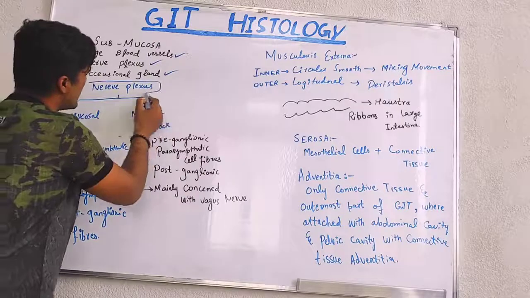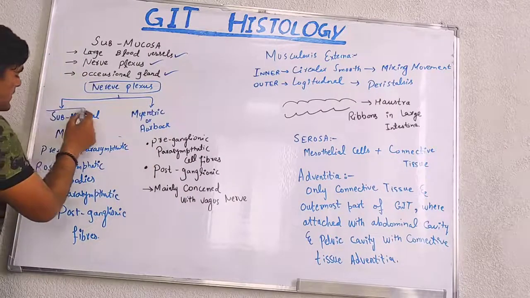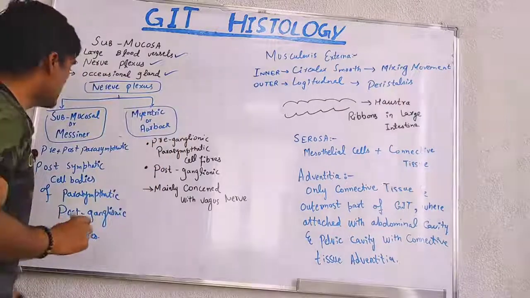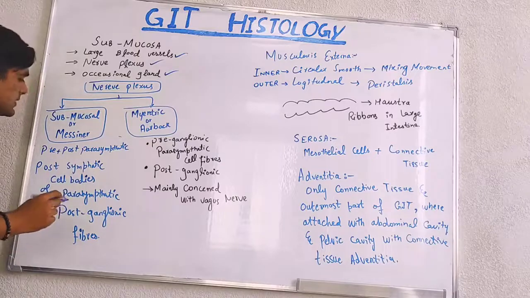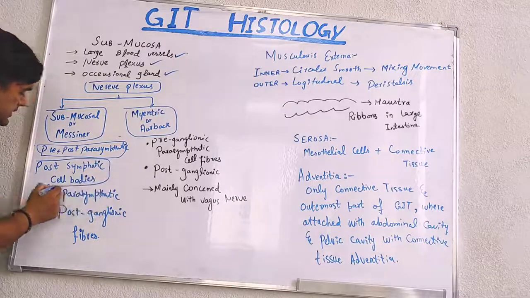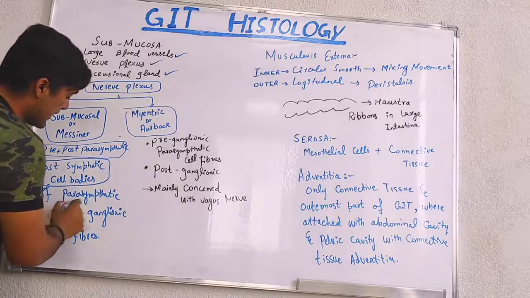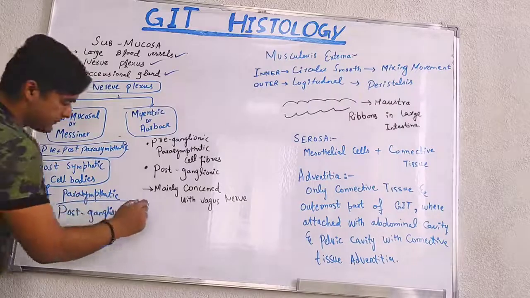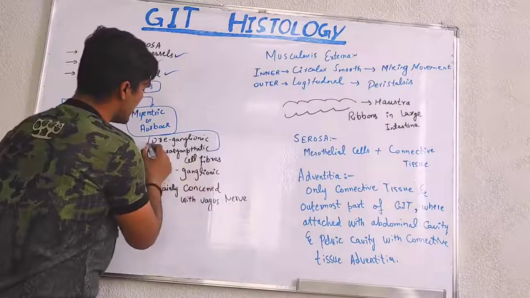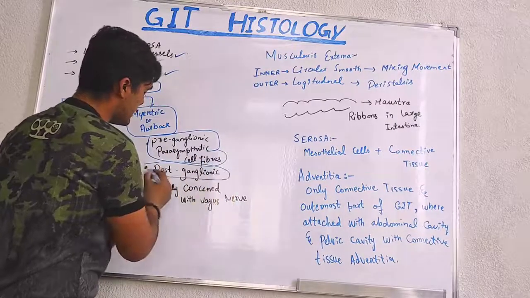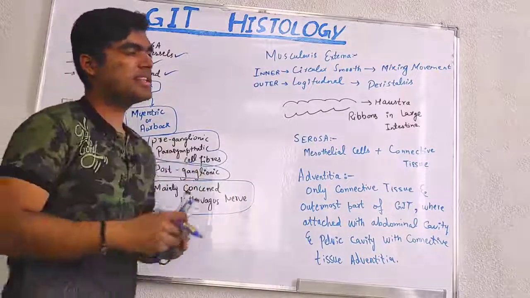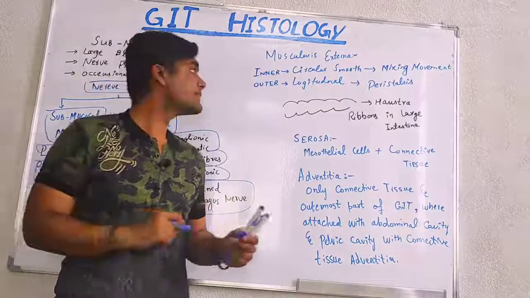Nerve plexuses are of two types: submucosal or Meissner, and myenteric or Auerbach. Submucosal contains pre and post ganglionic parasympathetic nerve fibers, as well as post ganglionic sympathetic cell bodies and fibers. Myenteric or Auerbach contains preganglionic parasympathetic fibers and postganglionic fibers, and its supply is mainly concerned with the vagus nerves.